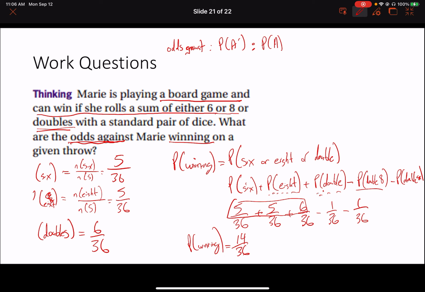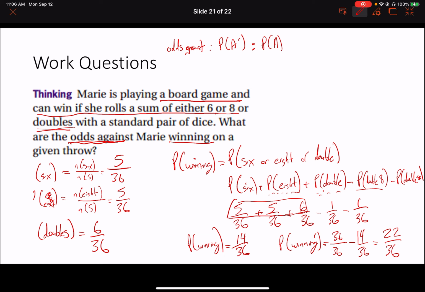So I already know that that's going to be, what's the probability of not winning? P prime is equal to 36 over 36, 1, take away 14 out of 36. We end up getting 22 out of 36.